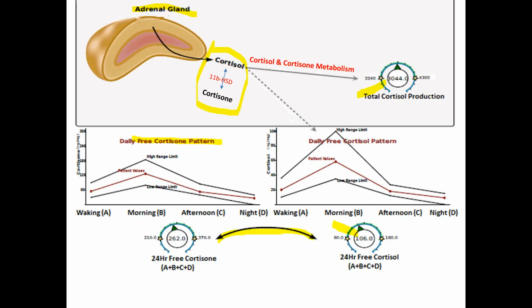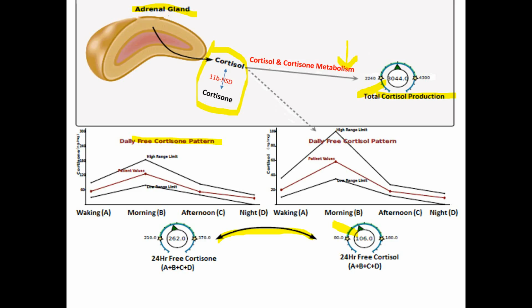We're looking at potentially the relative levels between the total production and the free hormone. In a situation like this, if the total metabolites, the total production, is very low, it may imply that there may be a little bit of sluggish or slowed cortisol metabolism. Probably not to any extreme in a situation like this.